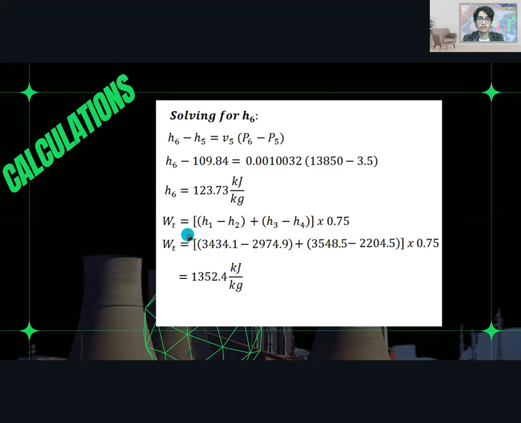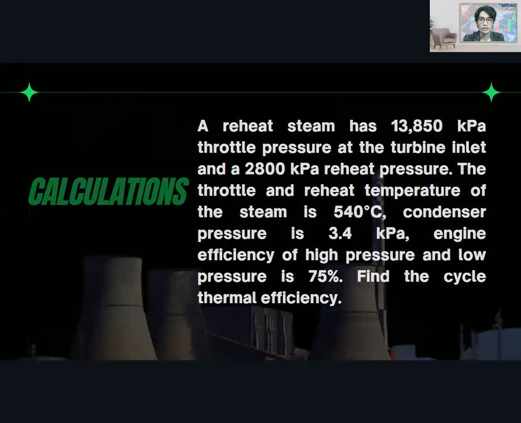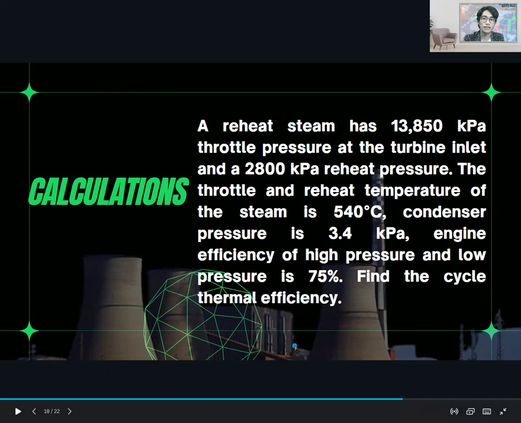Our total turbine work is equal to enthalpy 1 minus enthalpy 2 plus enthalpy 3 minus enthalpy 4, multiplied by the engine efficiency of the high pressure and low pressure turbines, which is 75%.